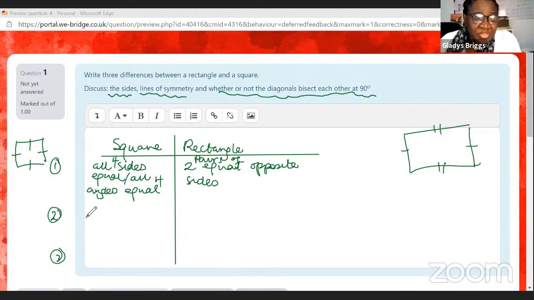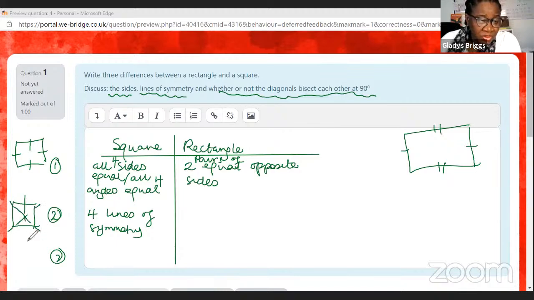Then lines of symmetry. On a square, you have 4 lines of symmetry: 1, 2, 3, 4. On a rectangle, how many lines of symmetry do you have?